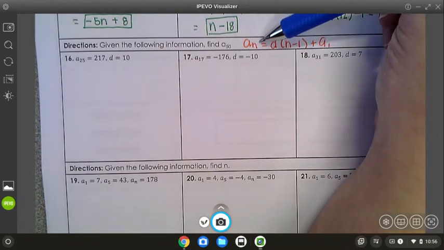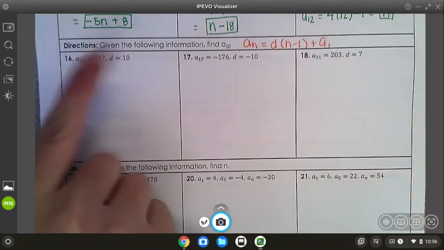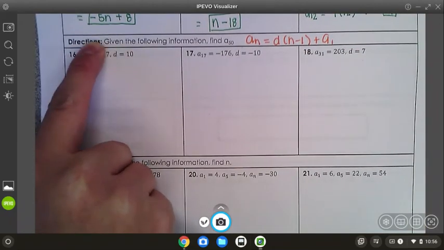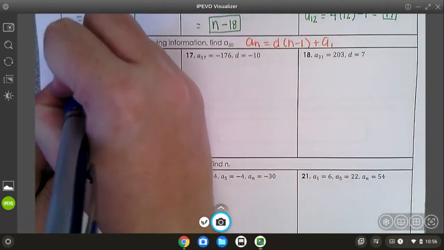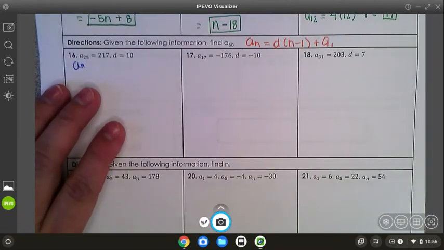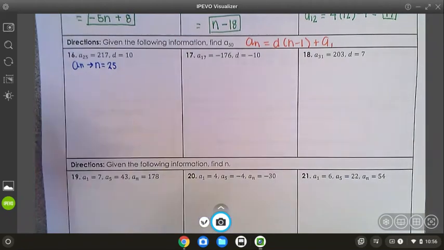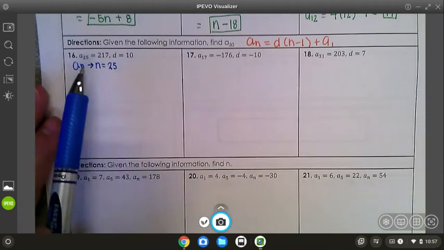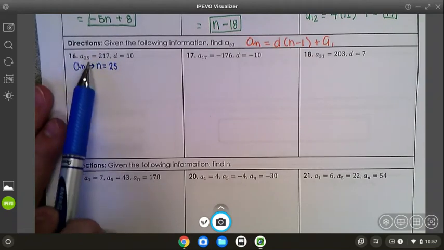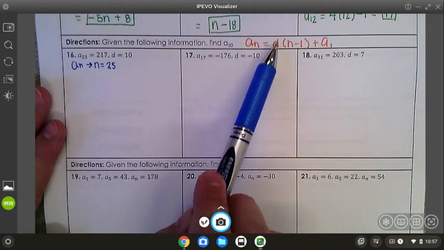So we're going to have to work with our formula a little bit to find the first term. Now, when it says a_n, that's any term that we want. We have a term. So we're going to let this be my a_n, the term that we have, which means that n is 25. So if I have a_25 is 217, I'm going to put that in place of a_n.